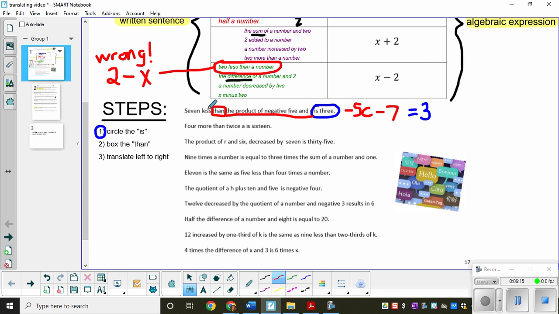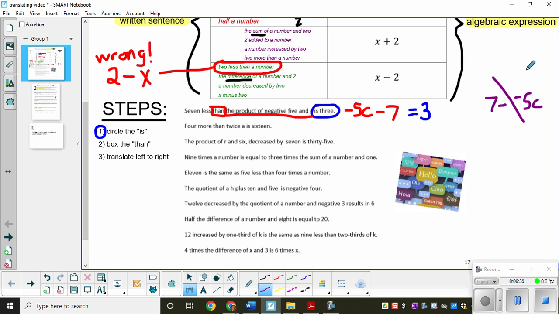So again, 7 less than the product of -5 and c, we should see 7 less than this product of -5 and c. Off to the side, I'm going to show you in purple the really common mistake that I see. I see people doing 7, then they see the word less and they think that they're supposed to be taking away, and then they do the product of -5c.